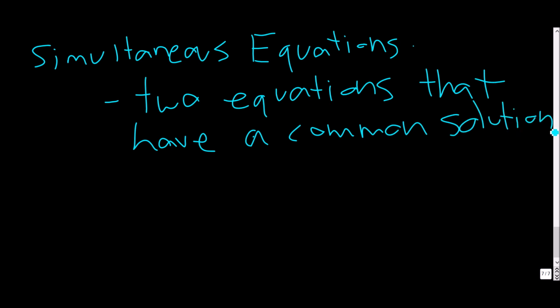So usually what happens is simultaneous equations, you might have lines, 2 different lines, and they're going to have an intersecting point.